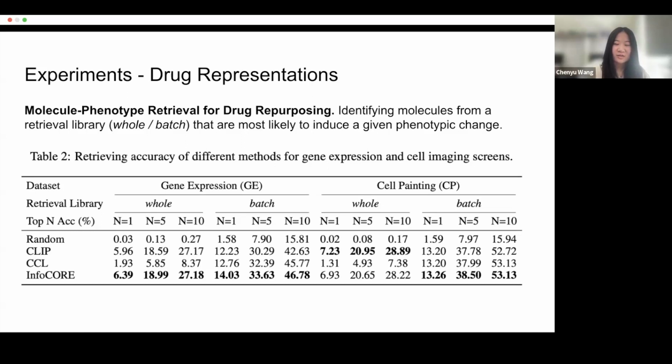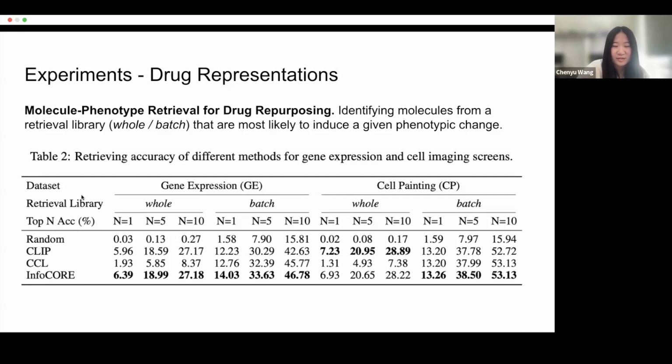Then we can encode that gene expression in the latent space, and from the drug libraries that we have in hand, we can find the several most similar drug structures in the library with respect to the gene expression latent. And then based on the similarity calculation, we can select the drugs that hopefully can be used for drug repurposing.